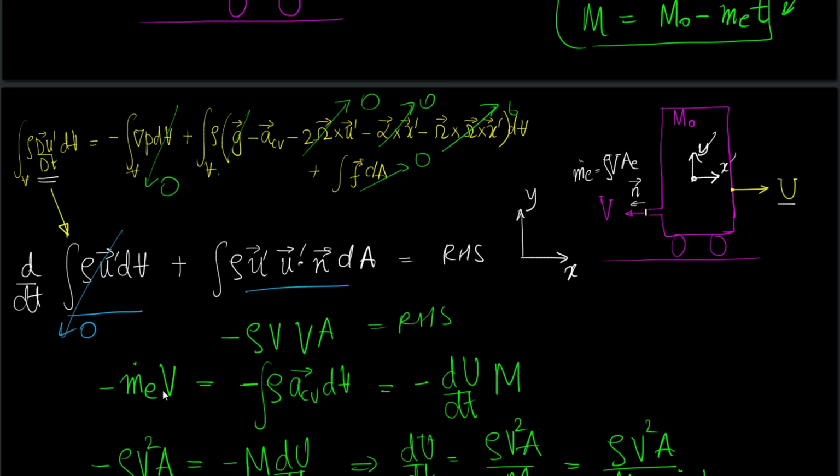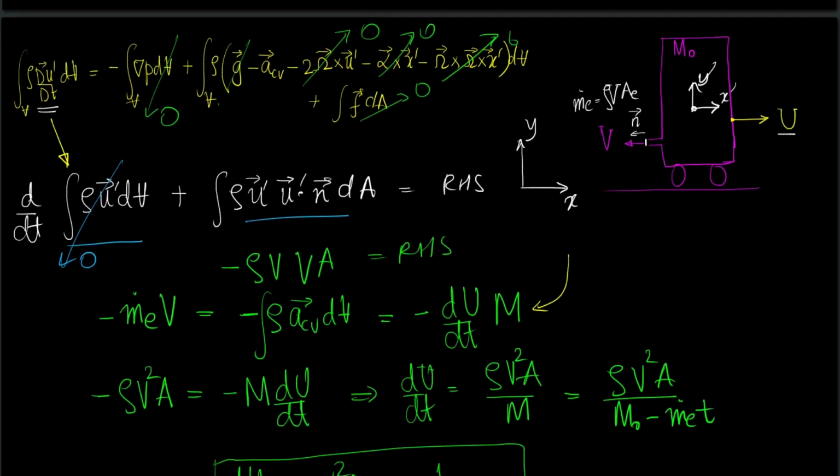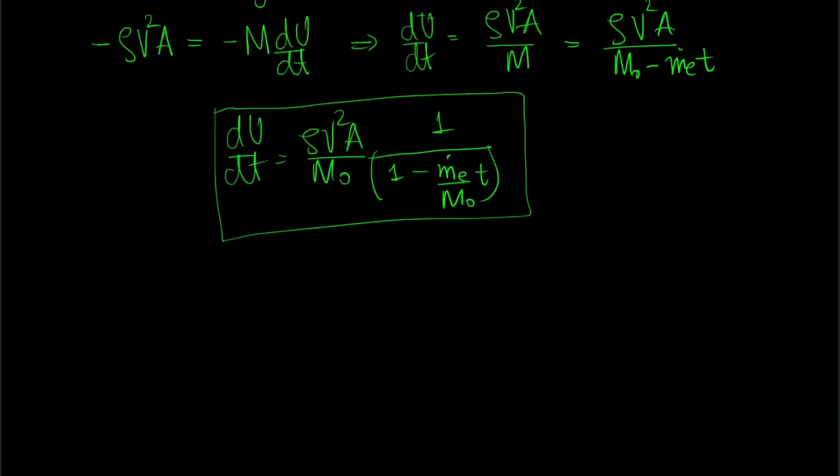All that is going to change are the terms on the right hand side, the fact that the control volume itself is accelerating. That's going to create changes in the equation. The acceleration is going to give rise to this kind of a pseudo force, which helps us in finding out the velocity of the moving tank. It's a very simple problem.